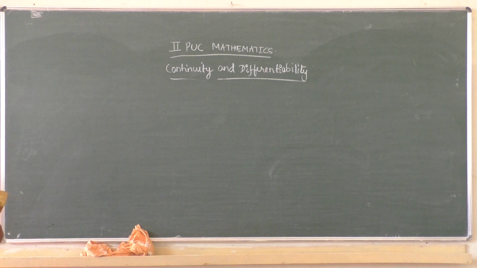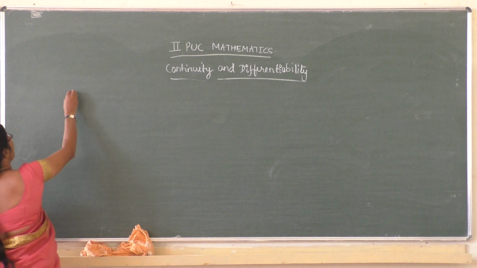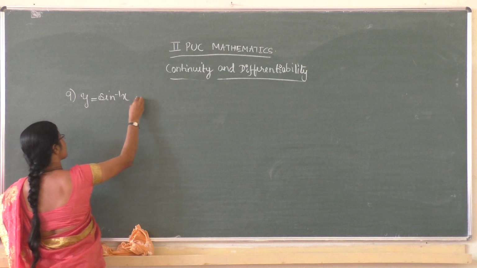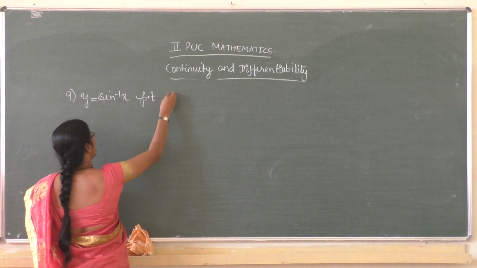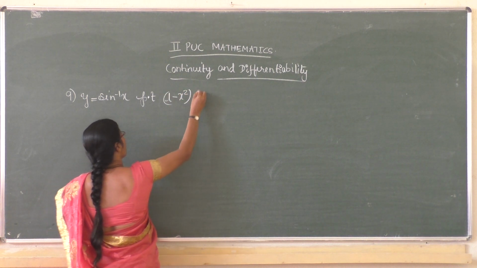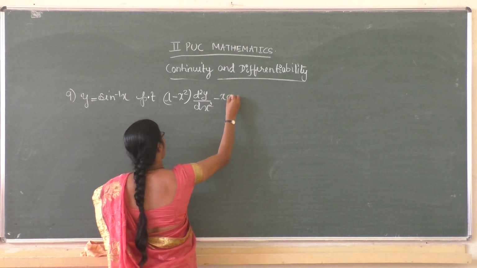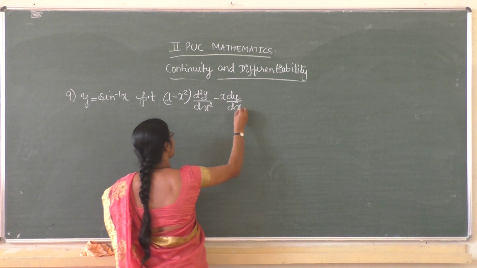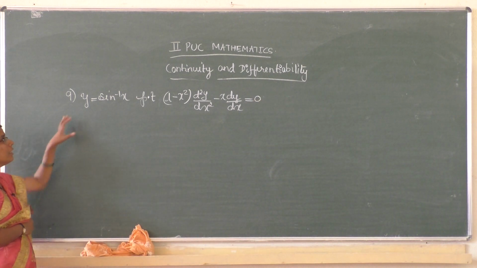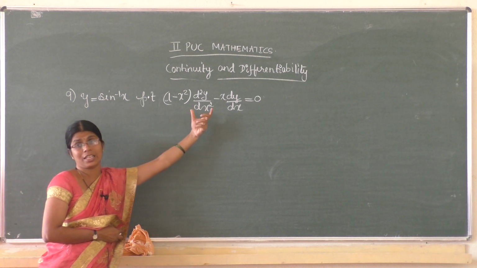And next problem is y is equal to sine inverse of x. Prove that 1 minus x square d square y by dx square minus x dy by dx is equal to 0. We use one more method to get that differential equation.